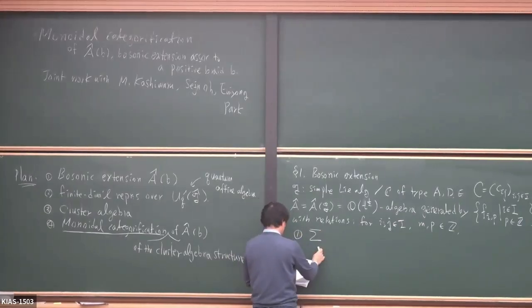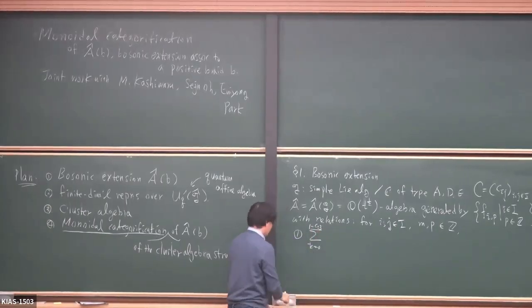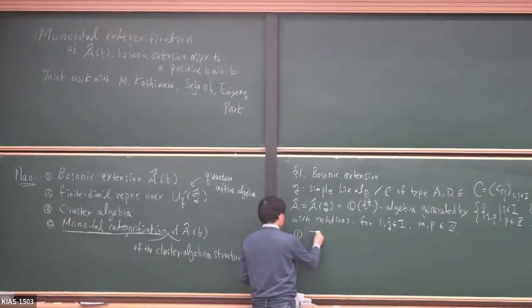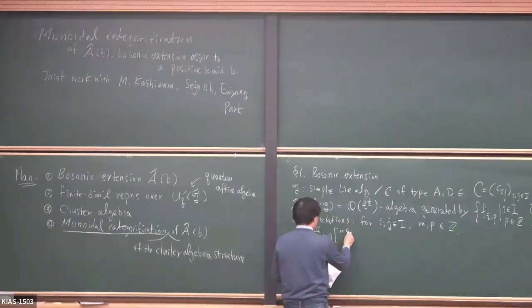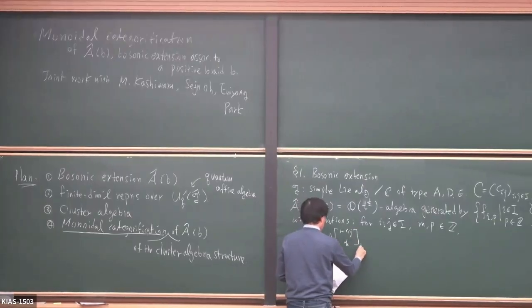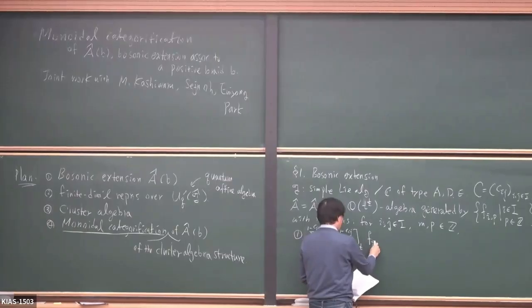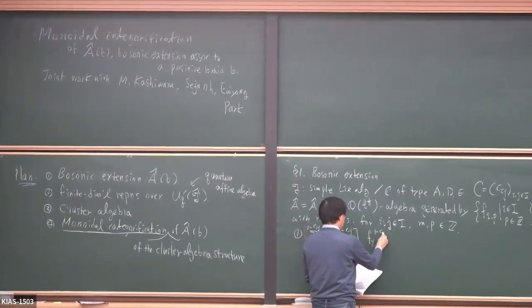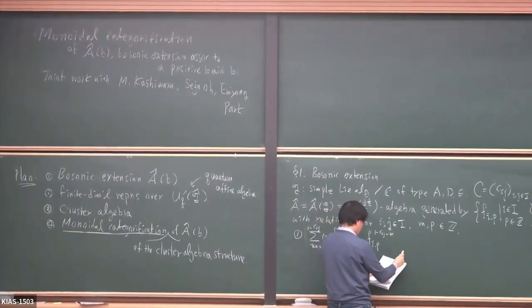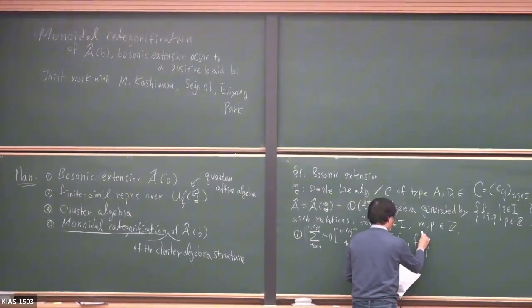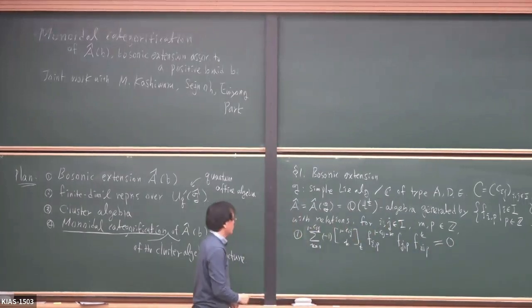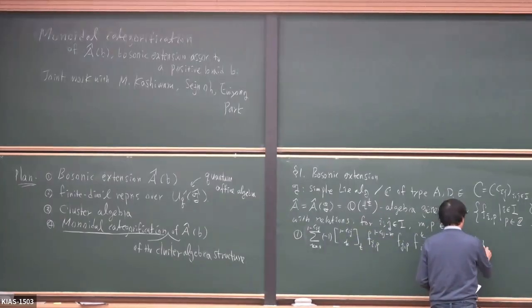The first one is the so-called quantum Serre relation: the sum over k from 0 to 1 minus C_ij of (-1)^k times the quantum integer binomial, F_ip to the power 1 minus C_ij minus k, F_jp, F_ip to the power k, is equal to 0, for i not equal to j.